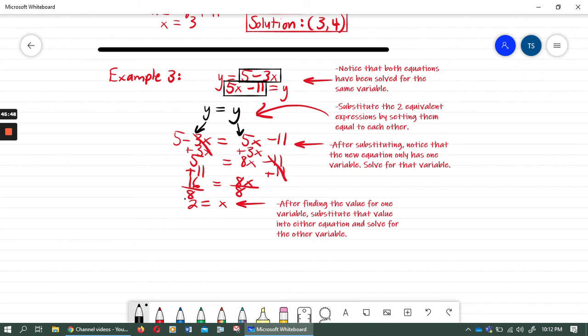Let's substitute the value for x into either of the original equations. We already had both of those equations set equal to y, so I will just use y equals 5 minus 3x, and substitute that x value into this equation.